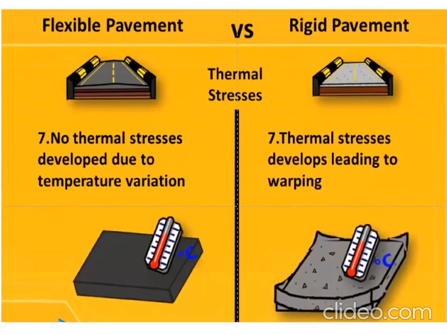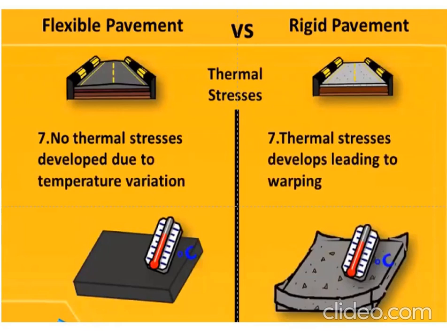We call these thermal stresses. Normally, no thermal stresses are developed in asphalt pavement, while rigid pavement has the problem of thermal stress. That's why we have joints. We cannot have, say, 100 square meters or 200 square feet of slab without a joint because of this thermal stress.